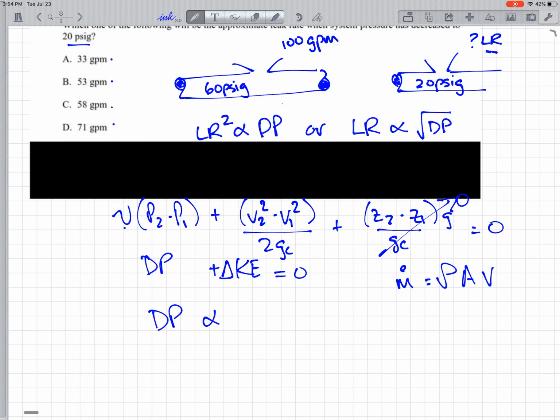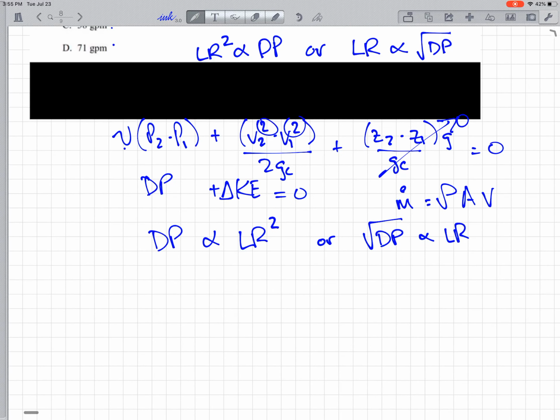So speed is going to be proportional to leak rate, and dP is also going to be proportional to the leak rate squared because of speed squared up here. Okay? And then we can rewrite that to say the square root of dP is going to be proportional to leak rate.